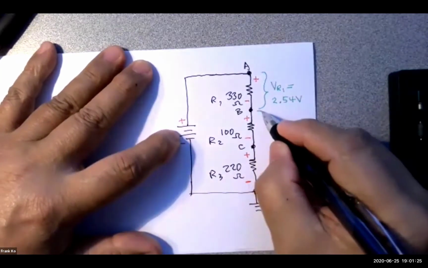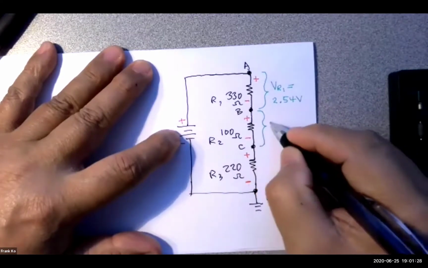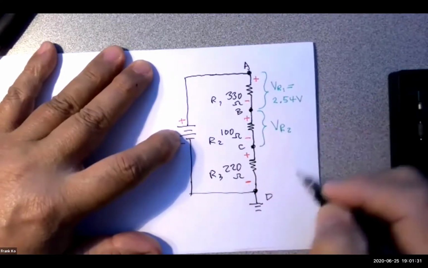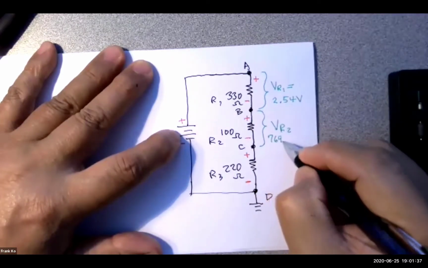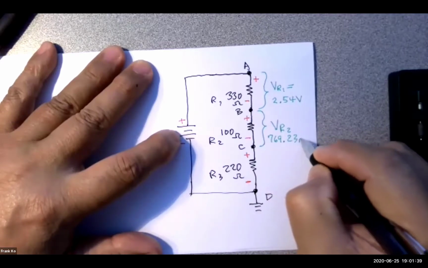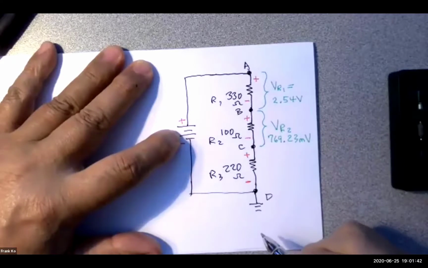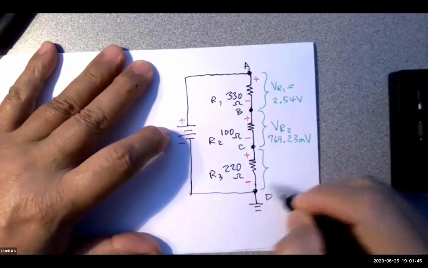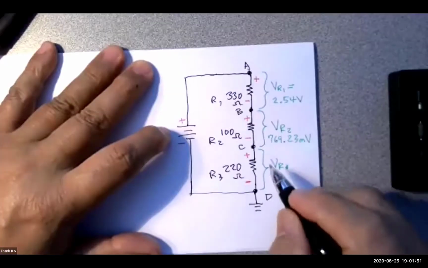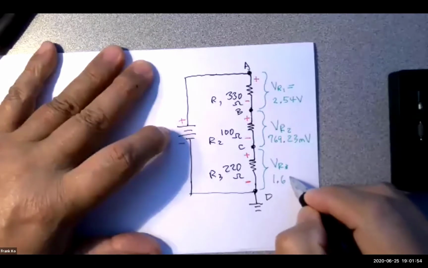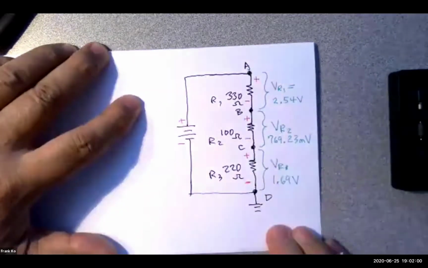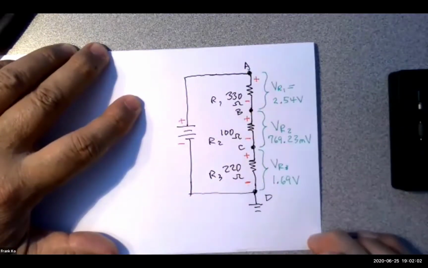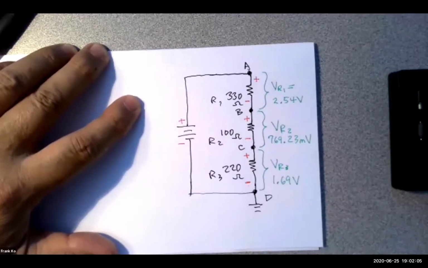And across here, from here to here, my VR2 was calculated as 769.23 millivolts. And my VR3 was calculated as 1.69 volts.